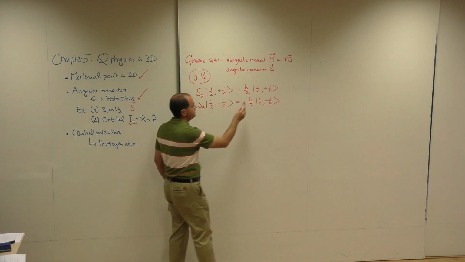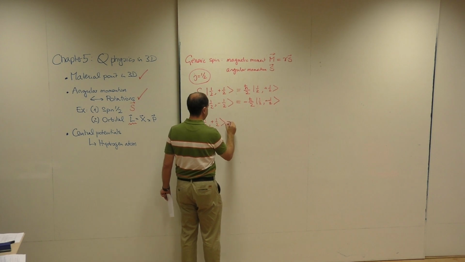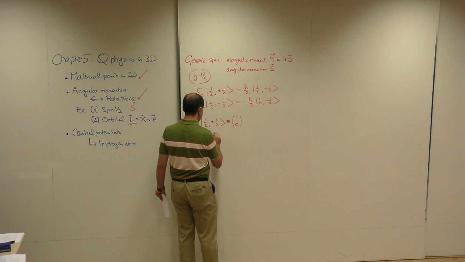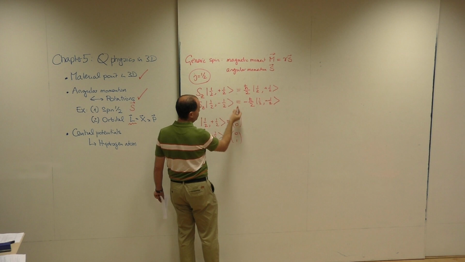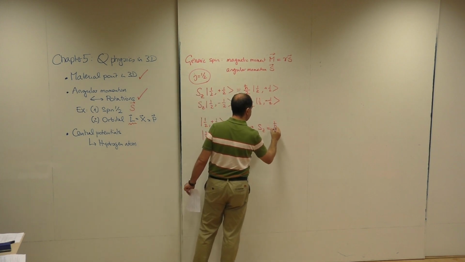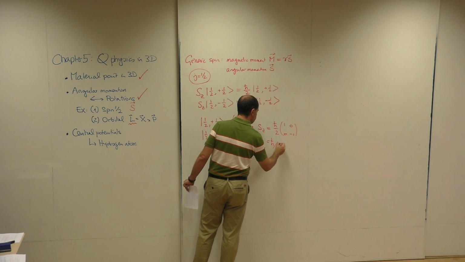If I were to choose these as a basis, so that 1/2 plus 1/2 is represented as (1, 0), and 1/2 minus 1/2 is represented as (0, 1), well, this operator Sz is h bar over 2 times the matrix (1, 0, 0, minus 1), which is h bar over 2 sigma z.